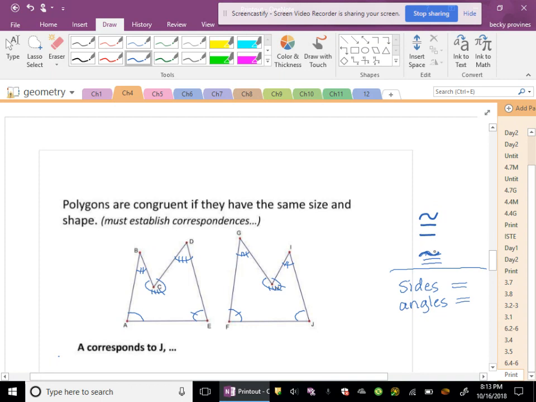When triangles, or any figures, are congruent, what it means is, and this is important, you need to write this down, all the sides are equal in length. I don't mean they all have to be the same. I mean corresponding sides are equal. So they have a side that matches up with the same measurement. And the corresponding angles are all equal.